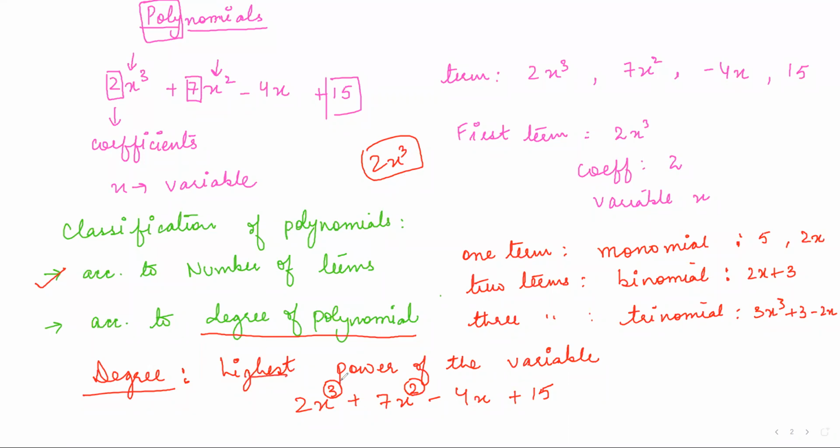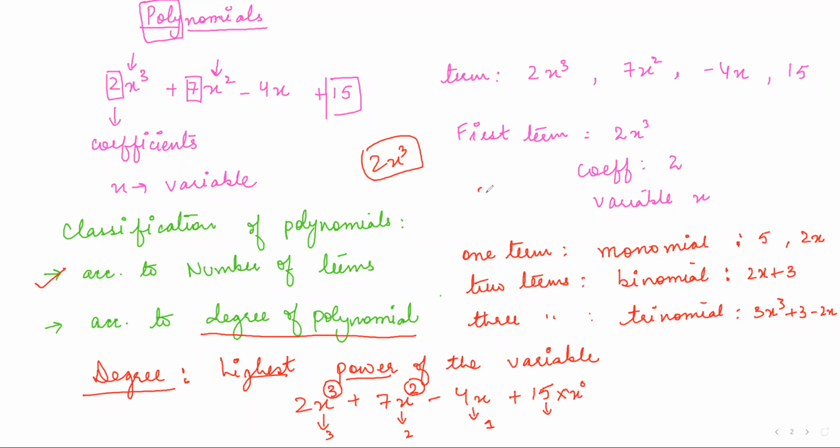2x cube is the complete term, but the x is having a power 3 in this case, isn't it? Yes, ma'am. So the power of the variable is 3 in this term, 2 in this term, and here the power is 1. And here, what is the power of x? 15 can be written as 15 times x to the power 0.